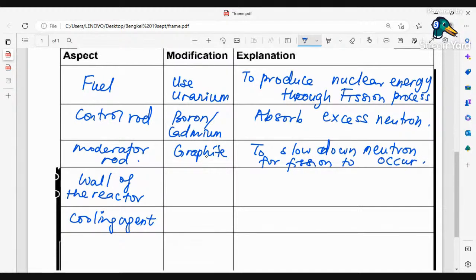Okay, wall of reactor must be thicker wall, thicker concrete wall.